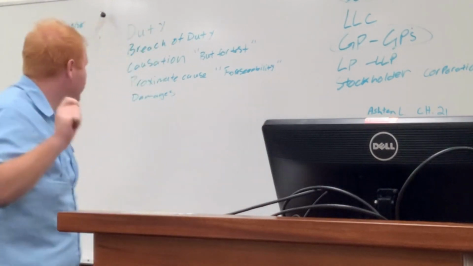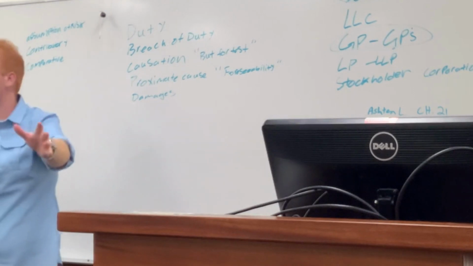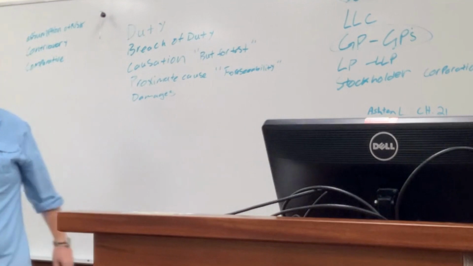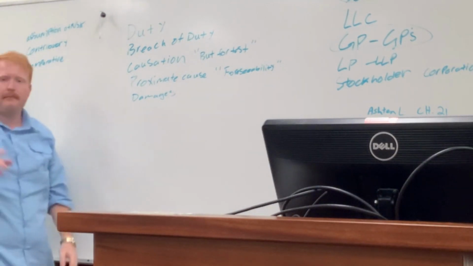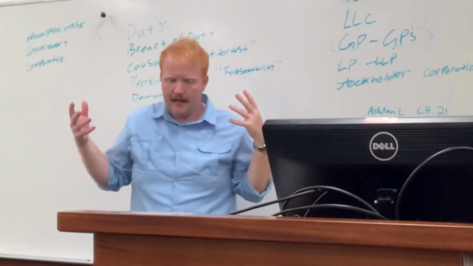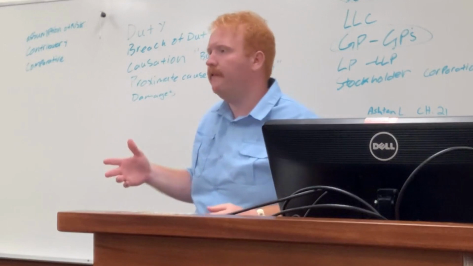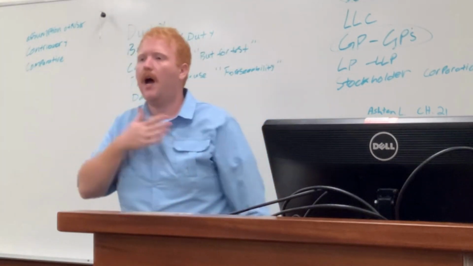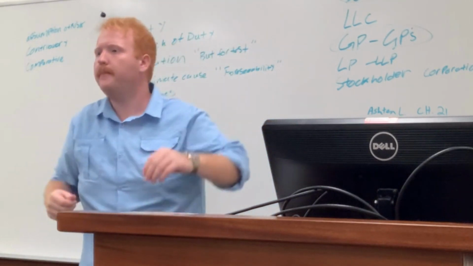Let's talk about contributory and comparative. You either live in a state that is contributory or comparative negligence, okay? You do not have both. Comparative, you are comparing the amount of negligence that the parties have, okay? For example, let's use round basic numbers. I'm involved in a traffic accident with Cole, okay?